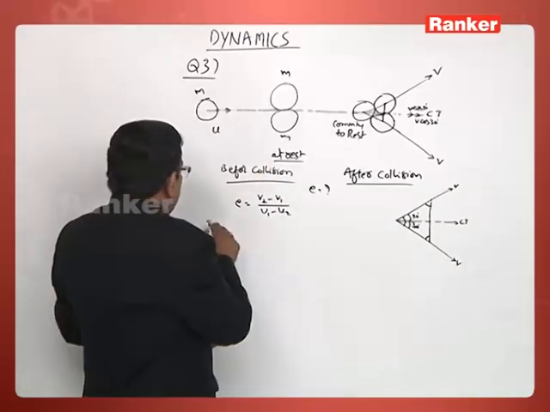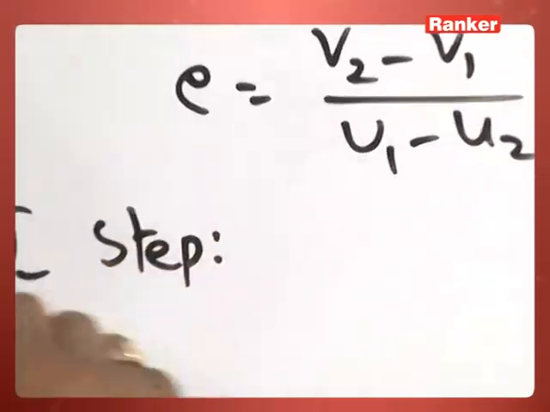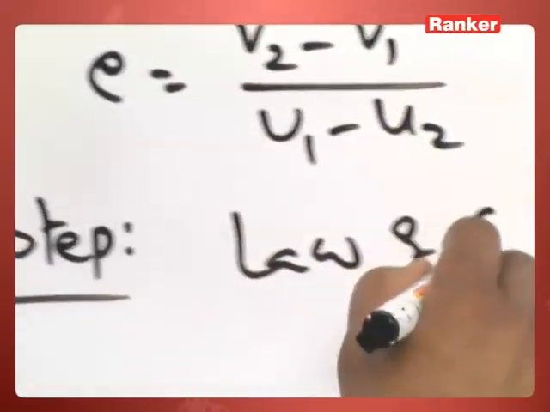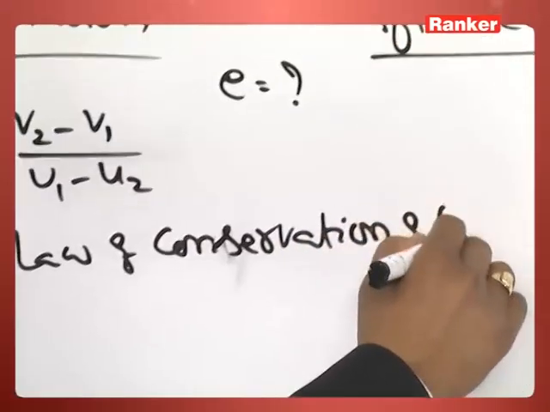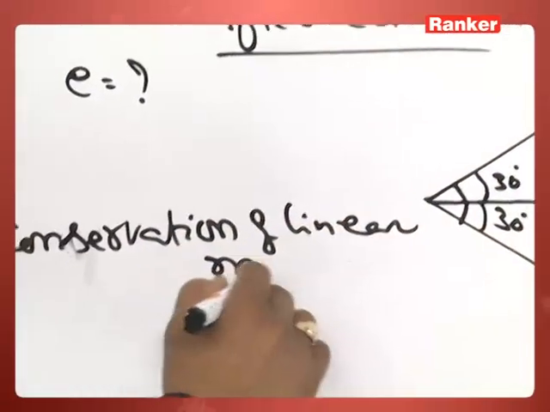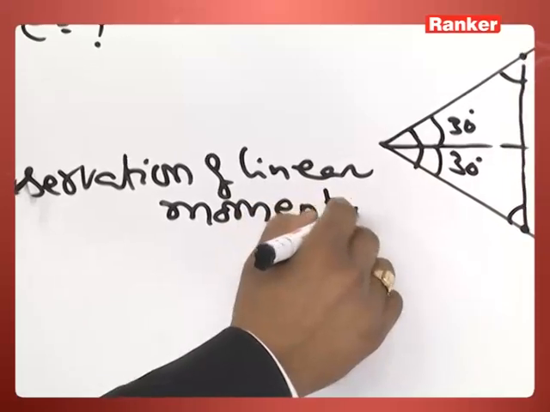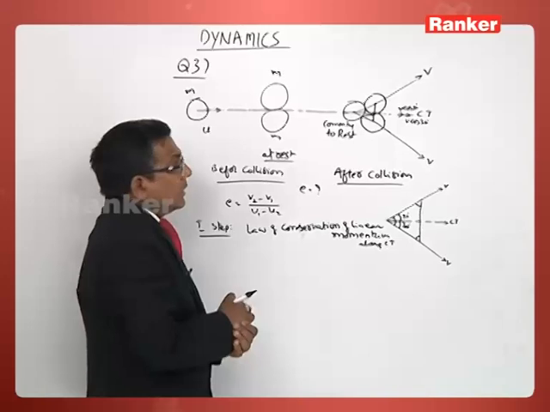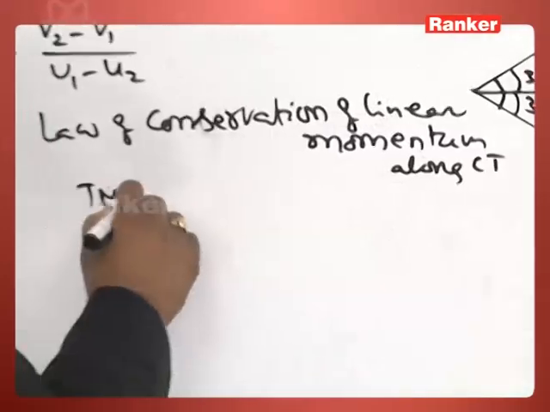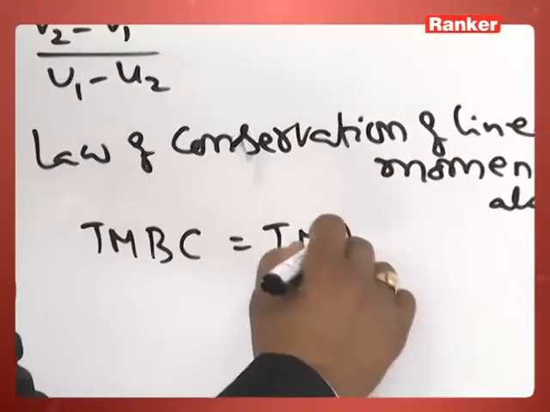Then, first step, let us use the law of conservation of linear momentum. If you use it along the common tangent direction, total momentum before collision is equal to total momentum after collision.